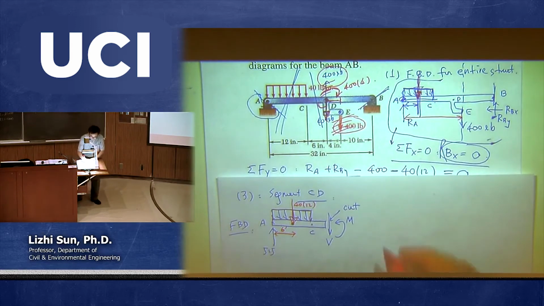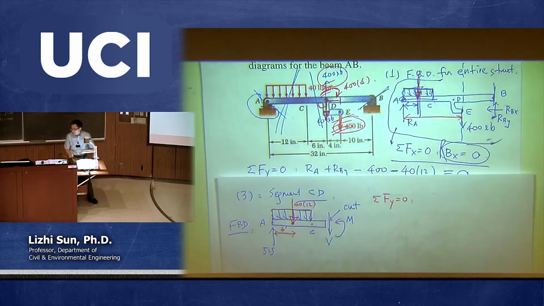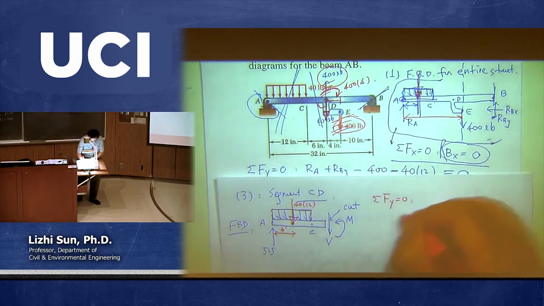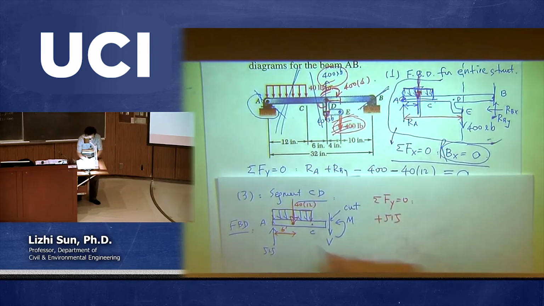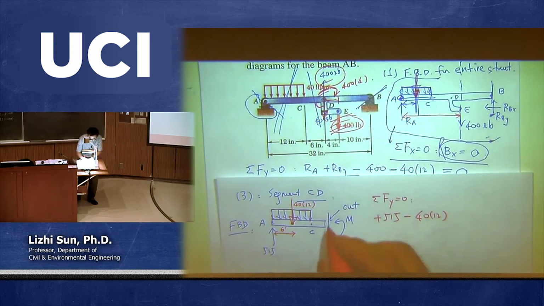Okay, so now we are ready to first collect forces in y direction in order to calculate the shear force, internal shear force, right? Okay, so we have a 515 going up, and we have 40 times 12, that's a virtual concentrated load going down. And then we have the shear force going down, and that's equal 0.